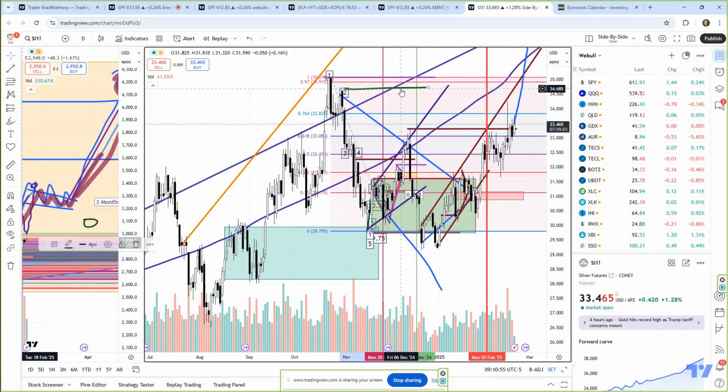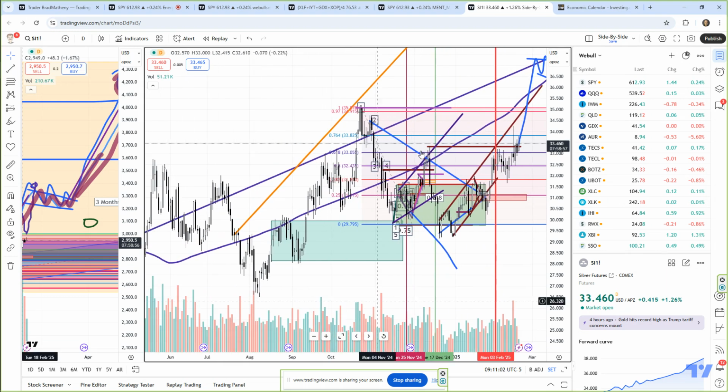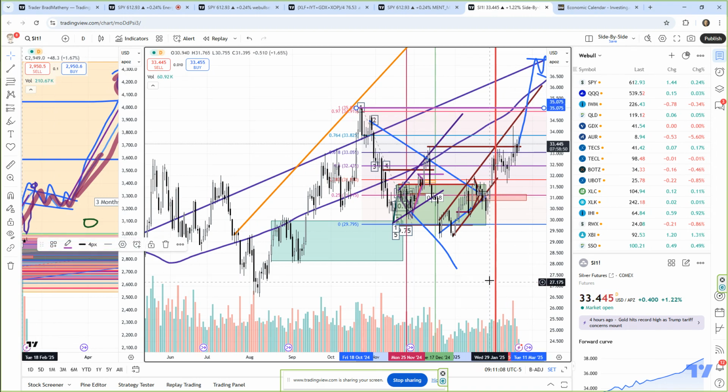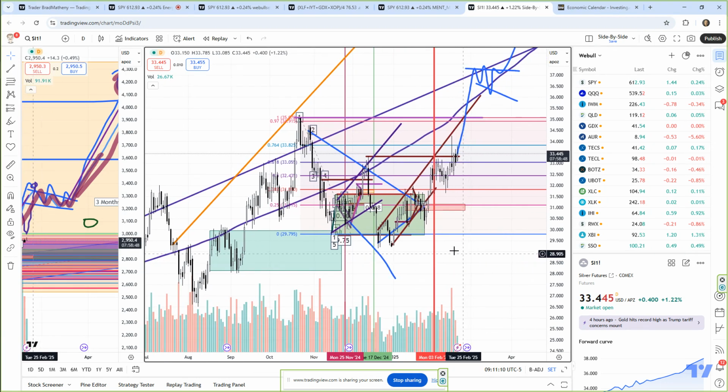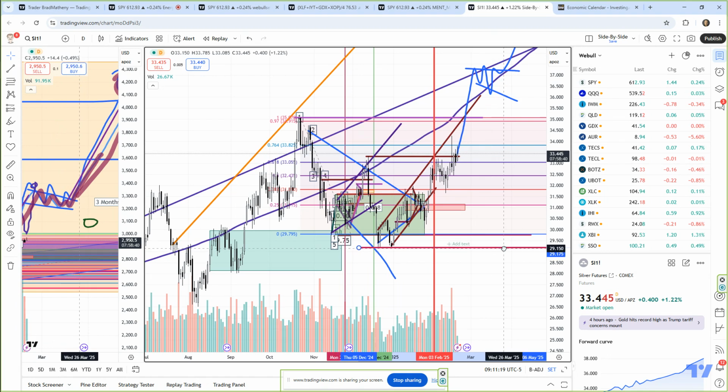So looking at this daily chart going all the way back, we have an ultimate high right up here, this purple line, $35 roughly. We have an ultimate low down here, recent ultimate low, and then we have a secondary ultimate low down here. Those are our wide points of reference.